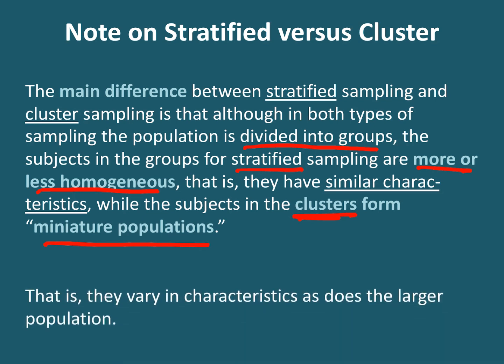And so the point is that for clusters, they'll vary more in characteristics. So, and that does have its advantages, but it also has its disadvantages, and you'll have to decide between stratified or clusters would be best for a specific experiment.